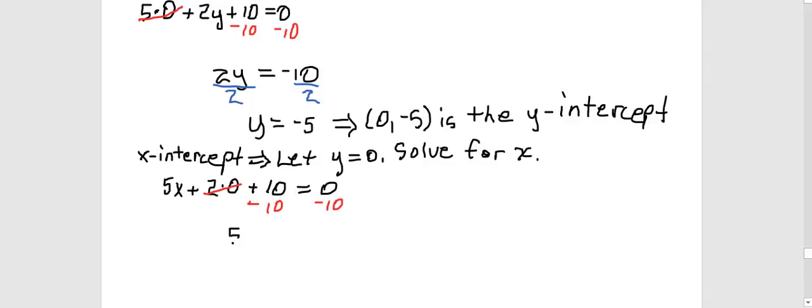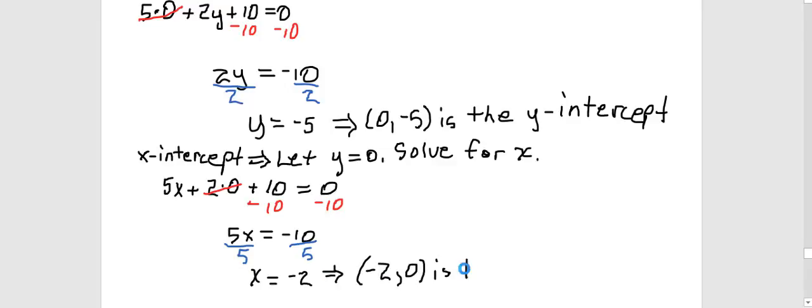I subtract 10 again from both sides of the equation, and now I have 5x equals negative 10. I divide both sides by 5 to isolate x, and I get that x is negative 2. So negative 2, 0 is the x-intercept of the line.